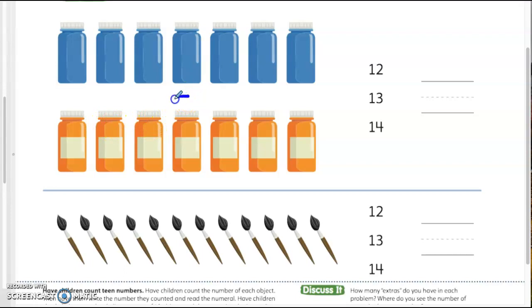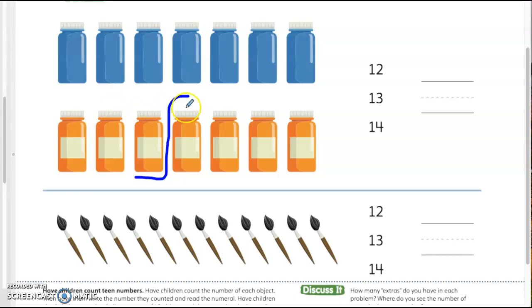So right here is your 10. And this is a tricky one because it doesn't have a 10 frame. So we're going to count it just to make sure. 1, 2, 3, 4, 5, 6, 7, 8, 9, 10. Okay, we got our 10.